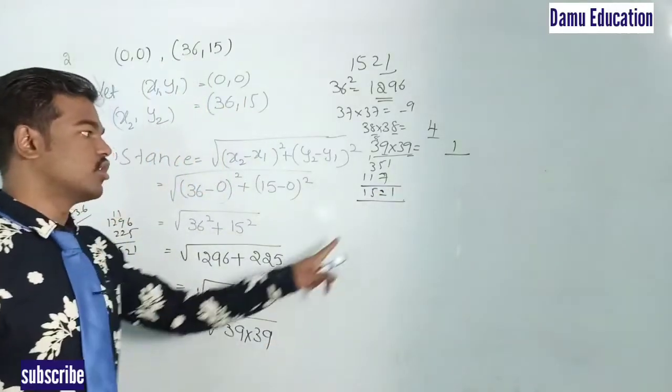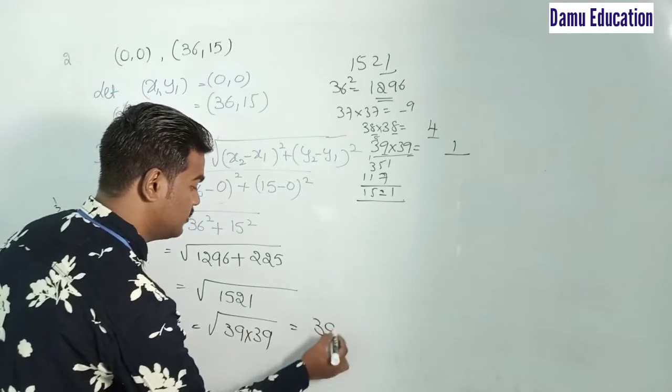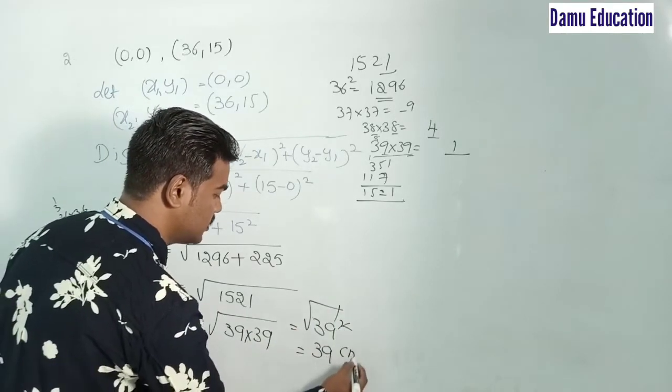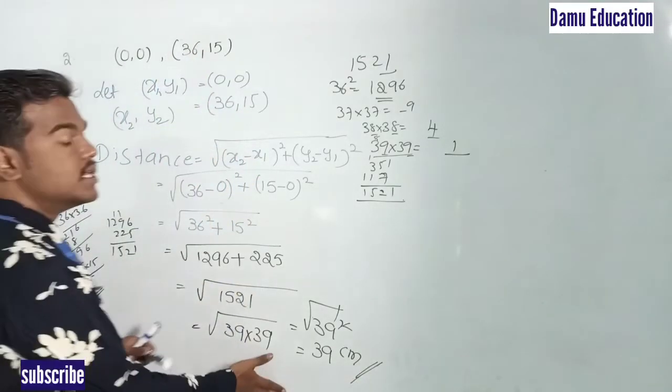Yes, 1521 we got. So here we multiplied and showed it. So the square root will cancel here, giving 39 centimeters. So the distance between these 2 points is 39 centimeters.